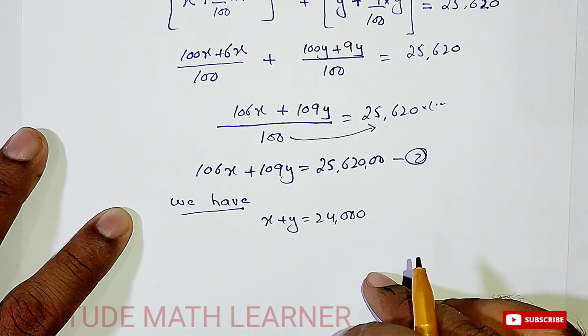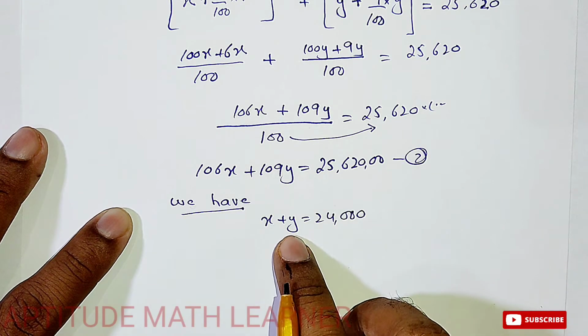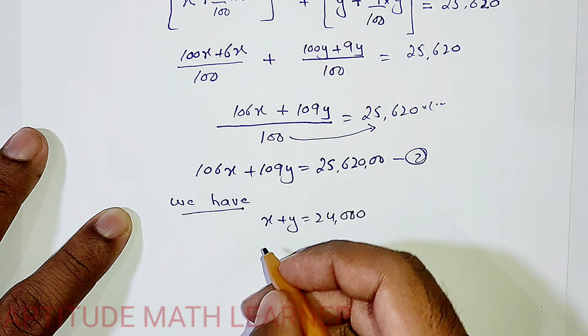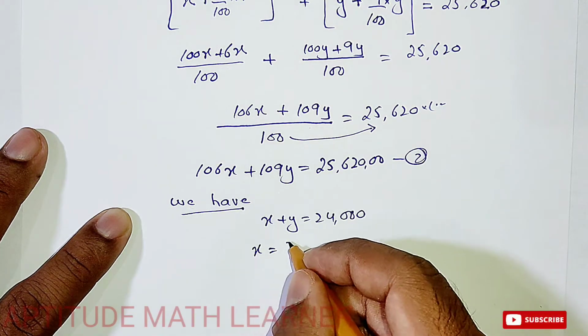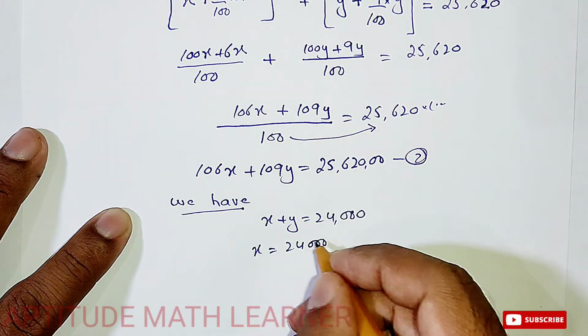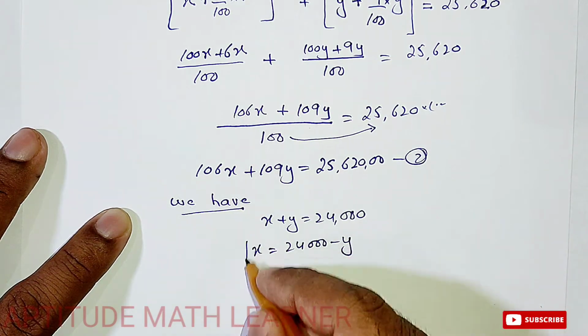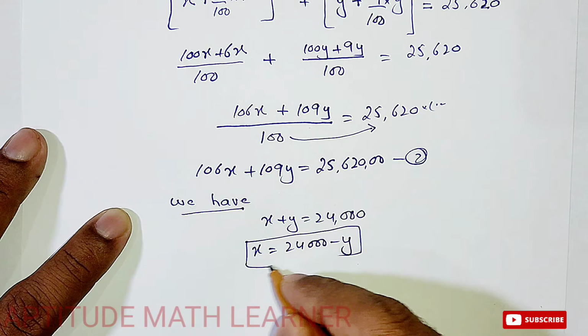We have to find the value of the female population. So we write x is equal to 24,000, and this y goes to this side and becomes minus y. So this is the value of x.